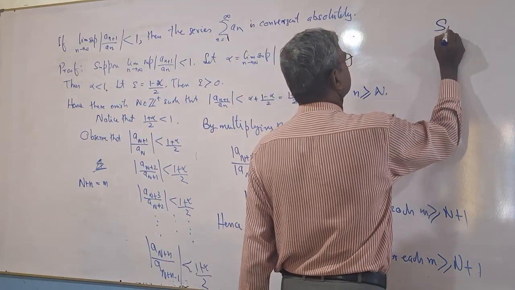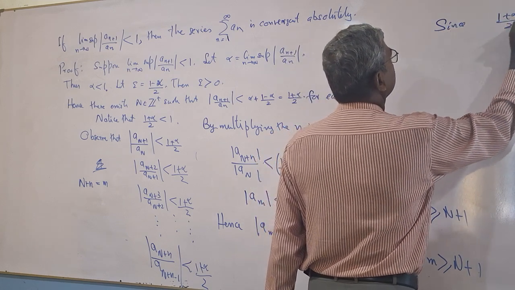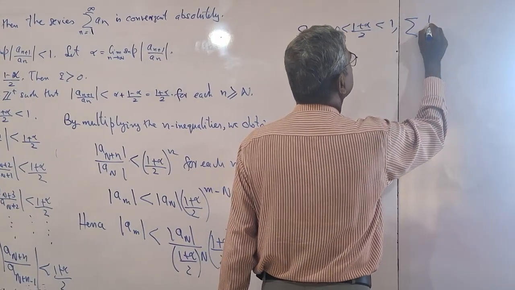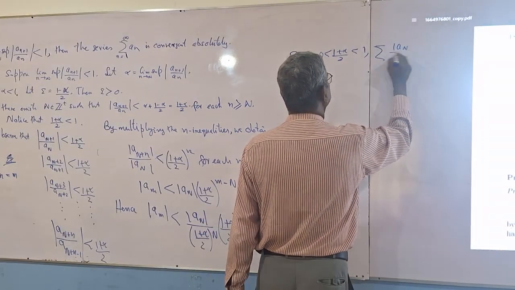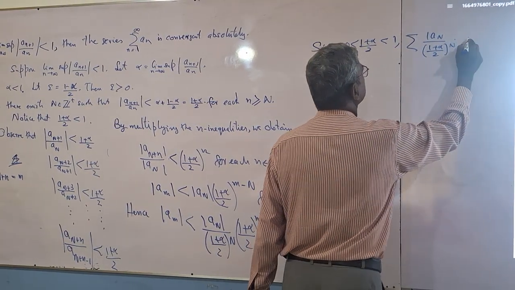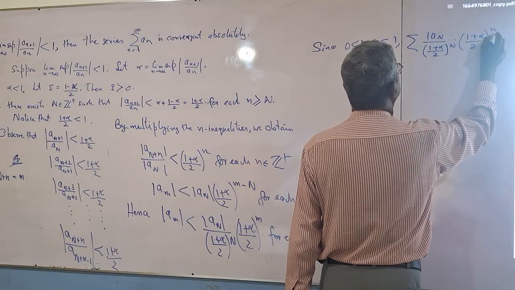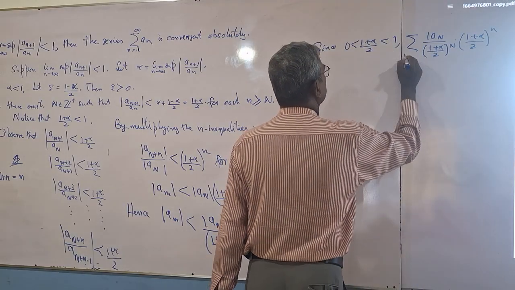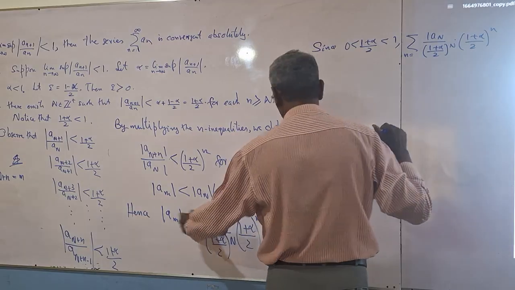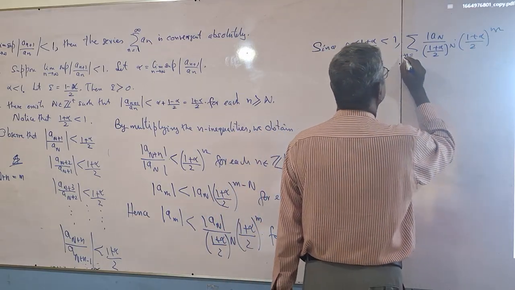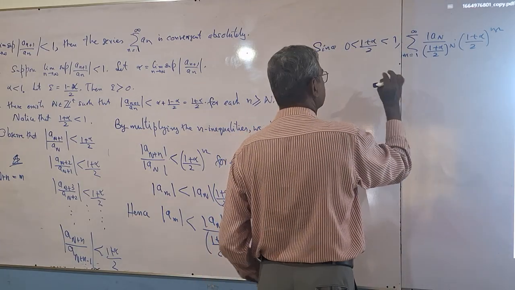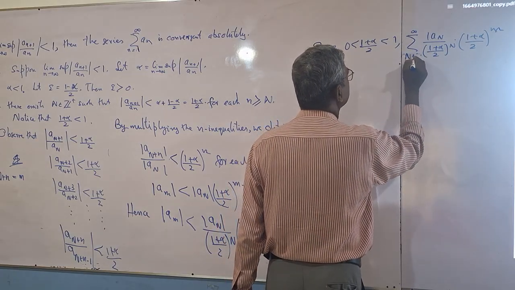Since (1 plus alpha)/2 is strictly less than 1 and greater than 0, the sum over m of the constant times ((1 plus alpha)/2) raised to the power m converges. The sum begins from N plus 1; these are minor details.